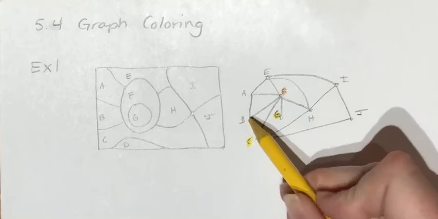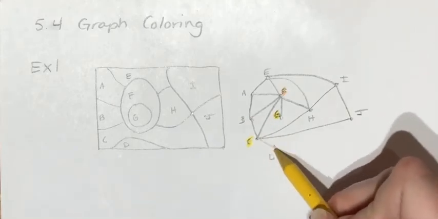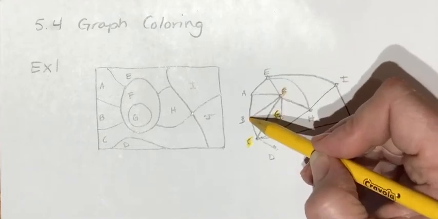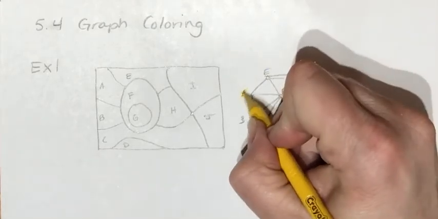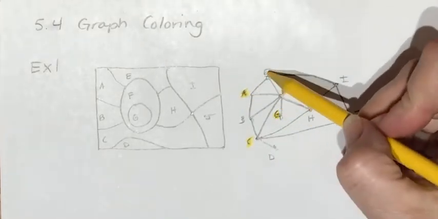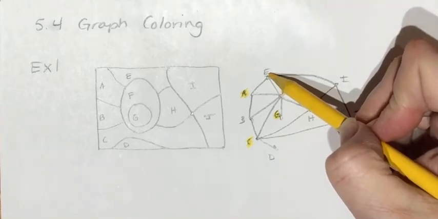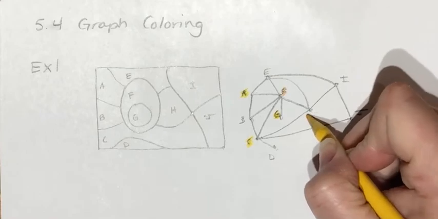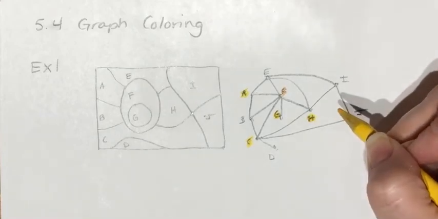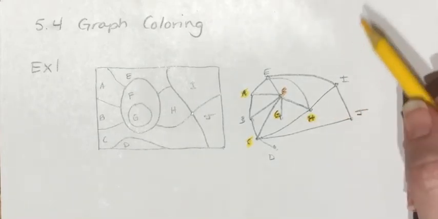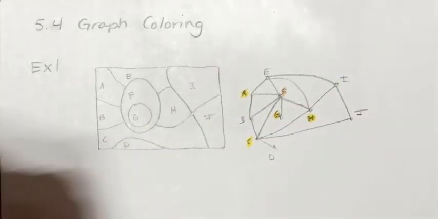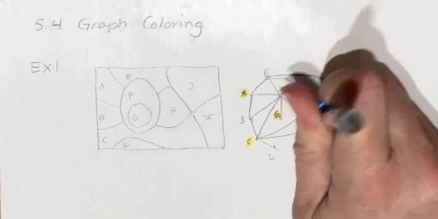But B touches C and D touches C, so neither of those can be yellow. A can be yellow. E can't be yellow. H can be yellow. And then, nope, just kidding, see? And this is why it's good to check: H touches C.